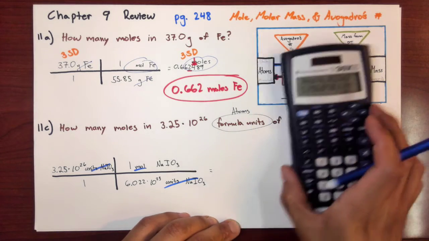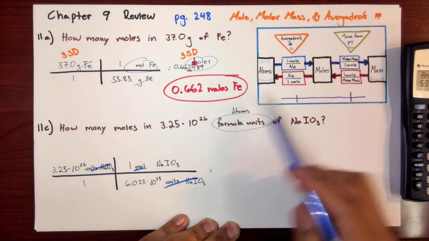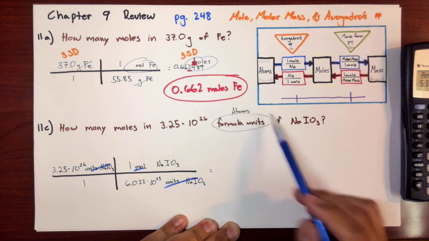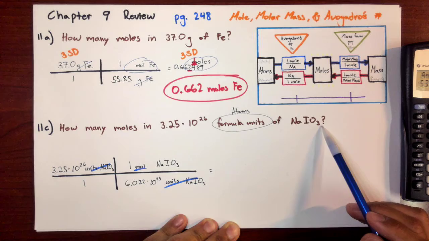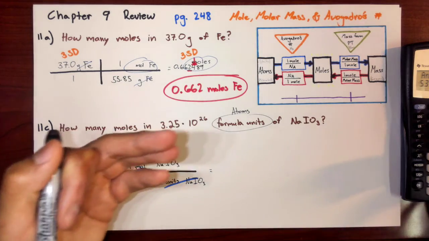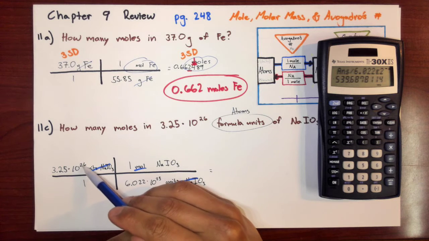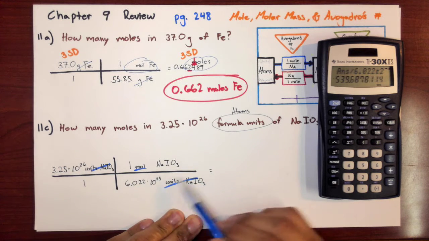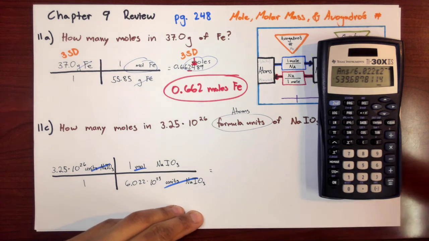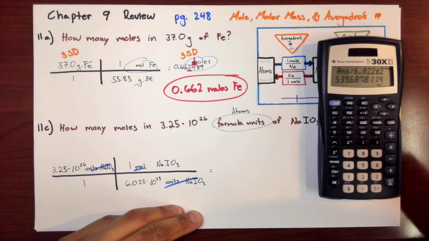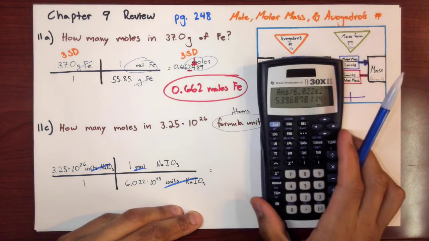E23. Okay, and now all this is saying is that this many atoms or this many units of sodium iodate is going to be how many moles of sodium iodate. Okay, so since this number was obviously bigger because times 10 to the 26th than this, we're going to expect to have more than 1 mole. Okay, and in fact we have much more than just 1 mole.